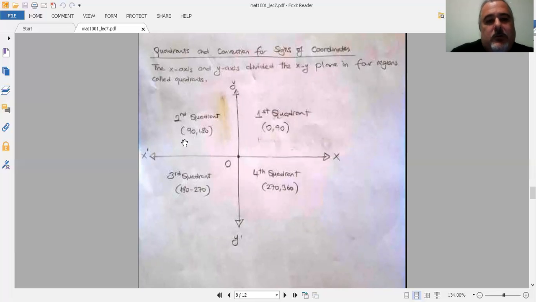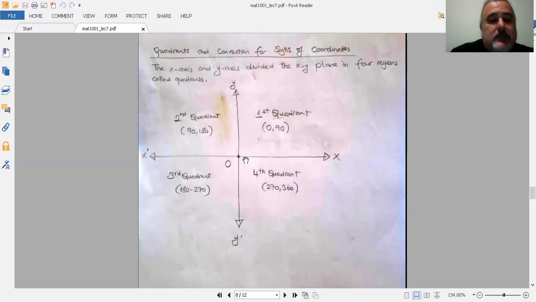The second quadrant is between 90 and 180 degrees, and it is, as you see, positive y and negative x. This is the negative side. So if you, for example, count 1, 2, 3, 4, this should be -1, -2, -3.